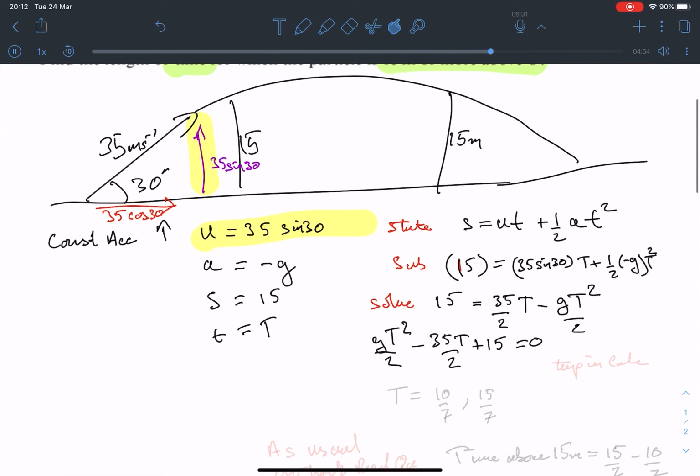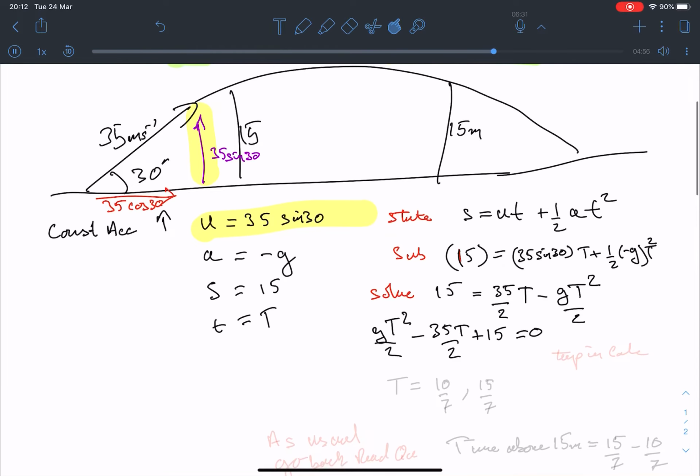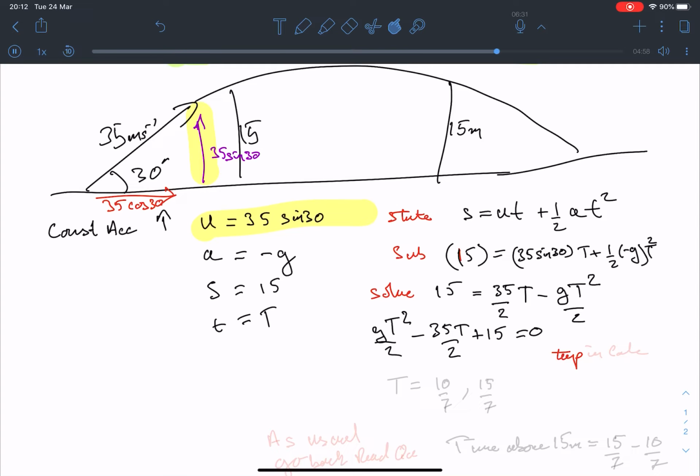Now in the modern exams, unless it says show that, you can tap it in the calculator and out come your two values for t. So t is equal to 10 sevenths and 15 sevenths. Since it's come out as fractions, we should have been able to factorise that if it had said show that.